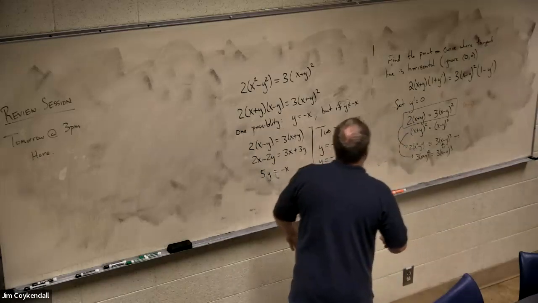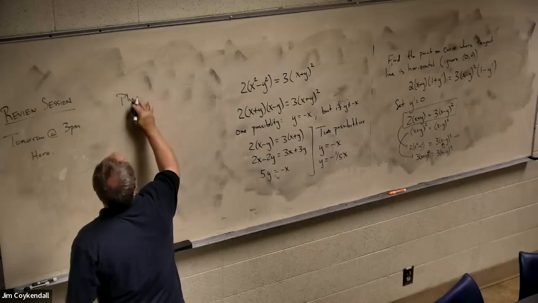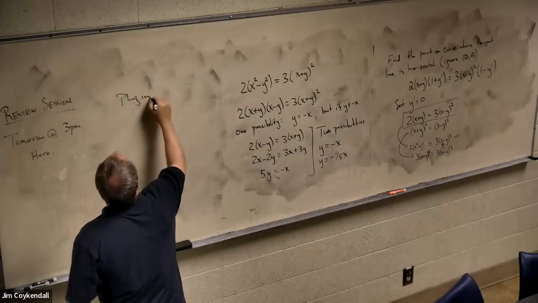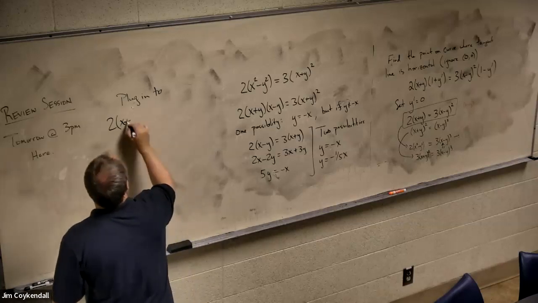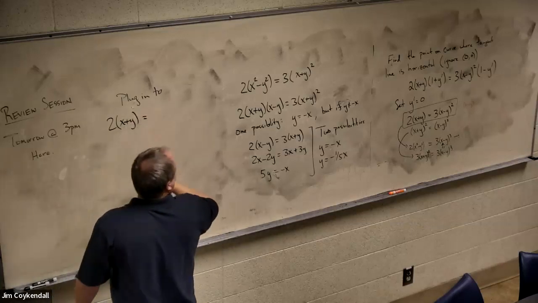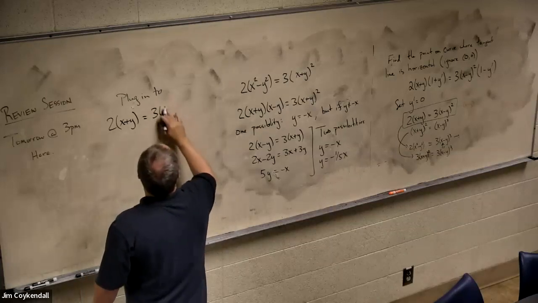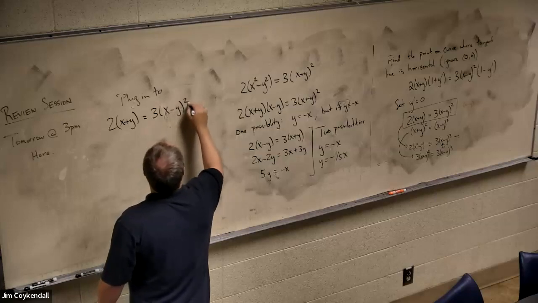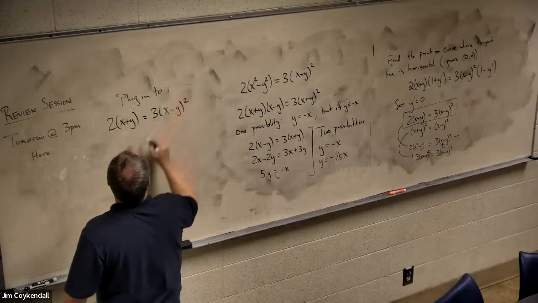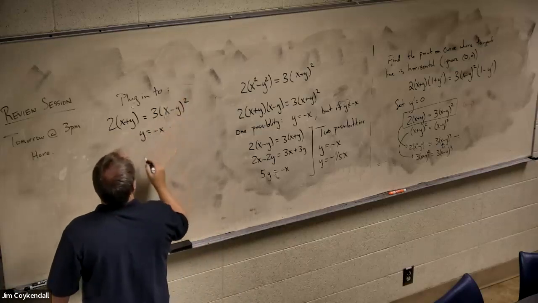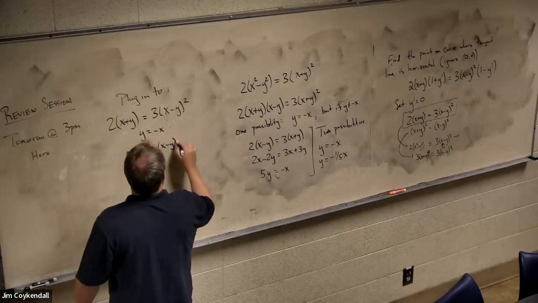If y equals minus x, plug this in. When I plug in y equals minus x, I get 0 equal to 3 times x minus y squared.